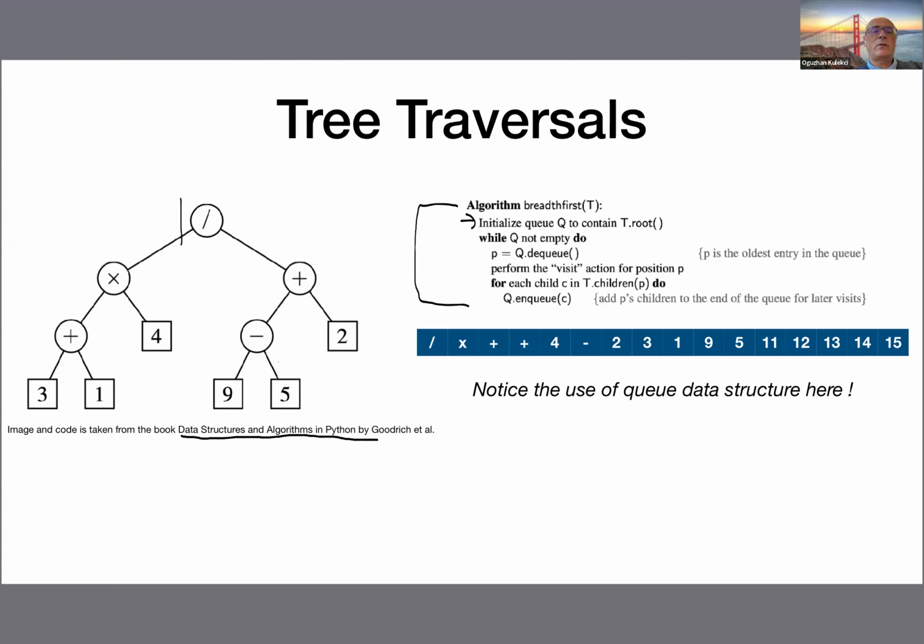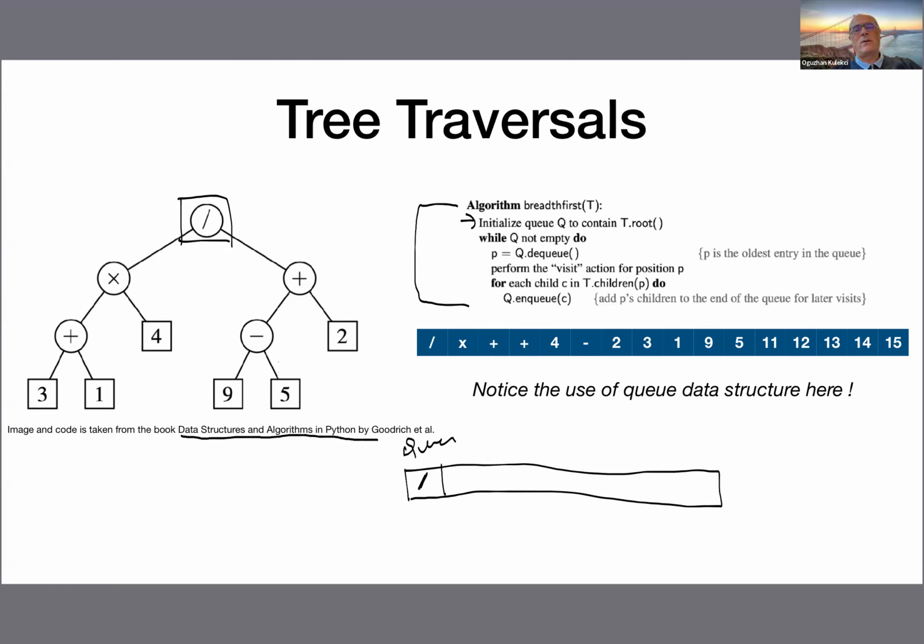So this is my root node. So I create a queue. This is my queue, and I enqueue the root node. What else? Nothing. Okay.